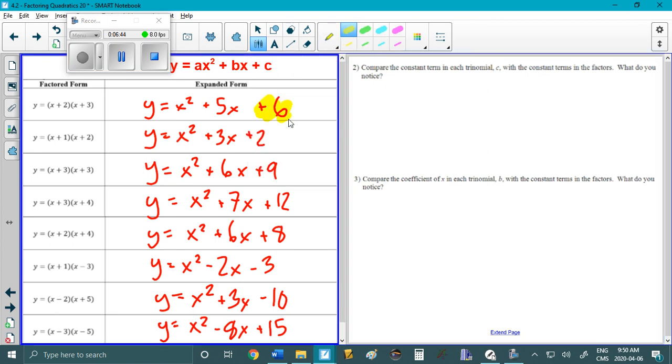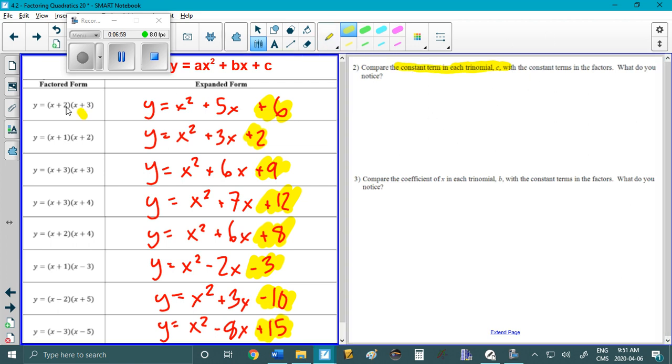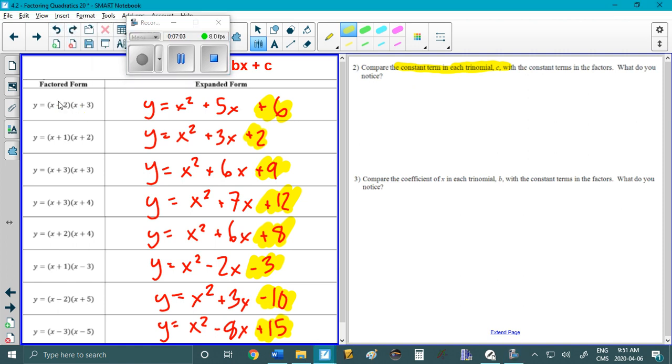That's positive 6, positive 2, positive 9, positive 12, 8, negative 3, negative 10, and positive 15. Now compare these with the constant terms in the factors. Those are plus 2, plus 3, plus 1, plus 2, plus 3, etc.